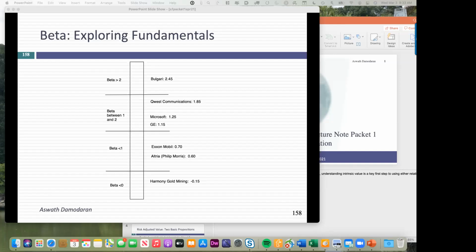It was minus 0.06. Now, do any of you think that GameStop is a riskless company? That's what the beta regression seems to be saying. It's riskless. The problem is you're looking at a slice of history where strange things happen to the company. And because strange things happen to the company, the beta reflects it. Betas measure how you move with the market. So they're backward looking and they're noisy.